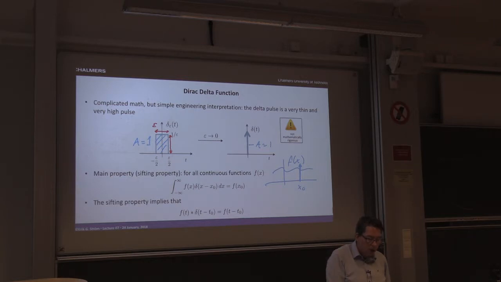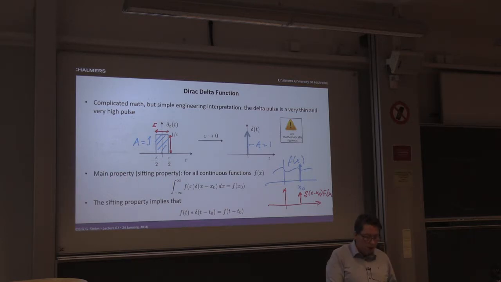Then we take the product of the delta function and the regular function, and we integrate that for all times, then we get the value of the function at the time where the delta pulse is non-zero. Okay. And we can sort of believe that that is the case, because if I form the product of f of x and this delta function here, I get the delta function here multiplied with the value of the function at that time.